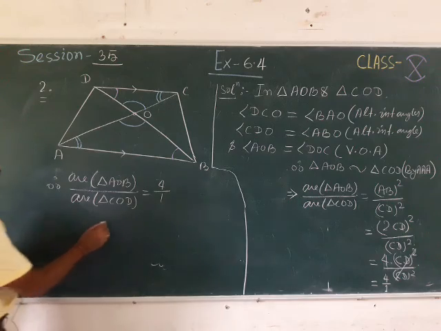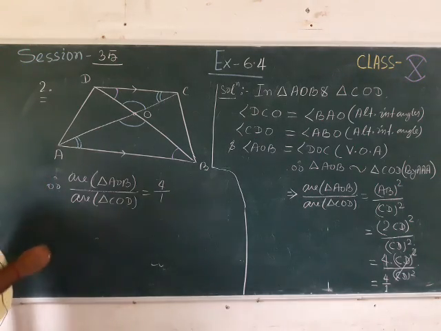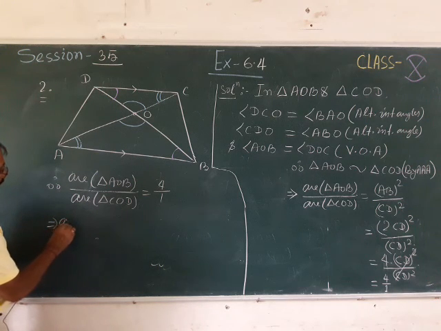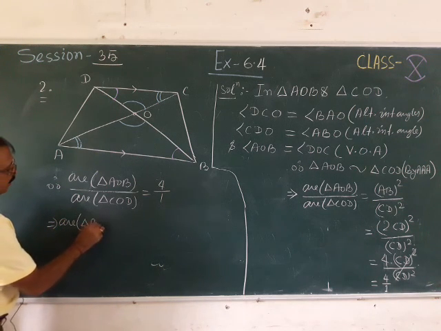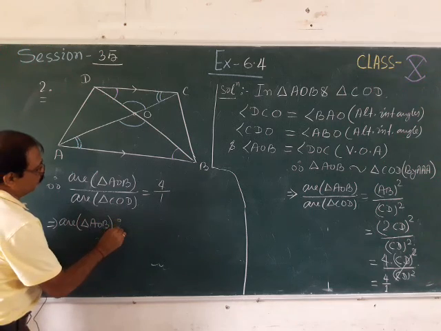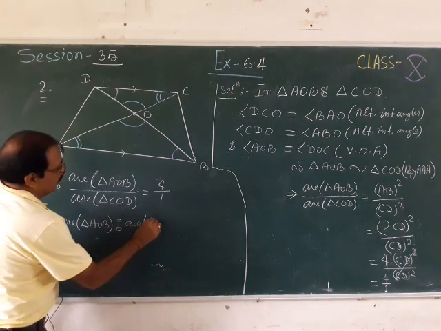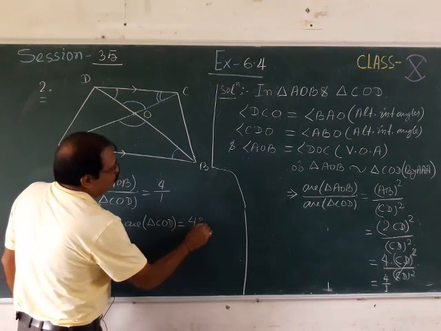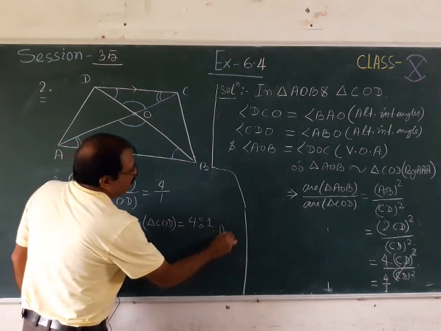Therefore that is equal to 4:1. So ultimately you can write your answer: area of triangle AOB is to area of triangle COD is equal to 4:1, and that is your answer.